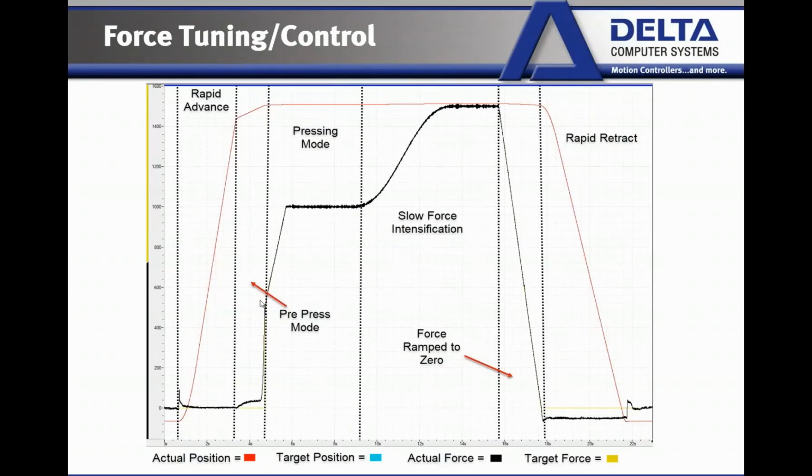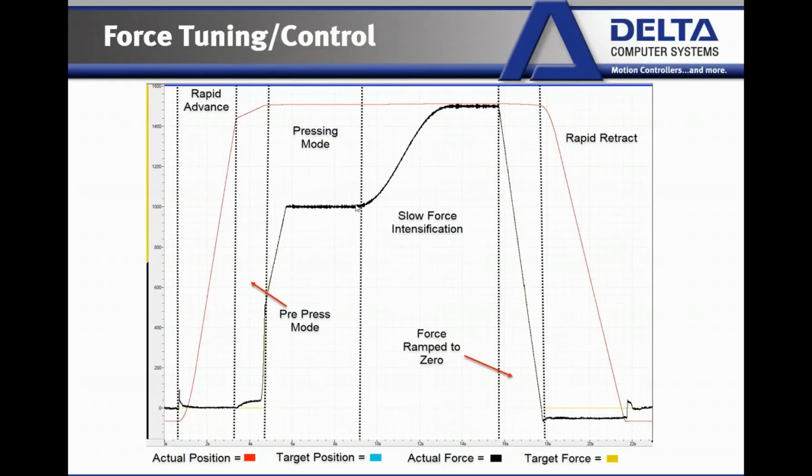So we're in pressing mode here. We quickly accelerate up to our target tonnage. For us, this is just going to be 1,000 pounds because we're using that little system there. So we're going up to our target force, 1,000 pounds. Once we reach that, we're going to delay for a time. Maybe this is just part of your press cycle. And again, this is just to show you how we would do things as far as Delta is concerned.